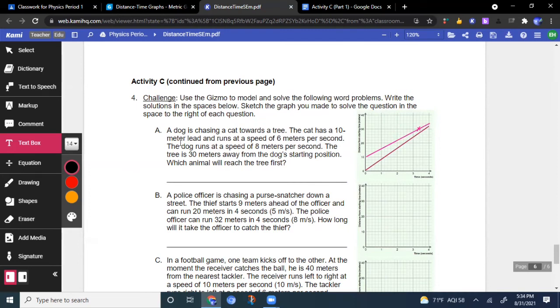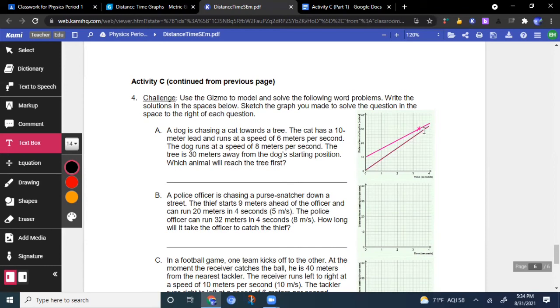So the 10-meter lead, we're going to start the cat at 10 meters. We're going to give the cat a slope of 6 meters per second. So we're going to go up to 16 over 1 second. And that means the cat would end up at about 30-something meters right here. The dog has the 10-meter disadvantage, so it's 10 meters behind, and has a slope of 8 meters per second.